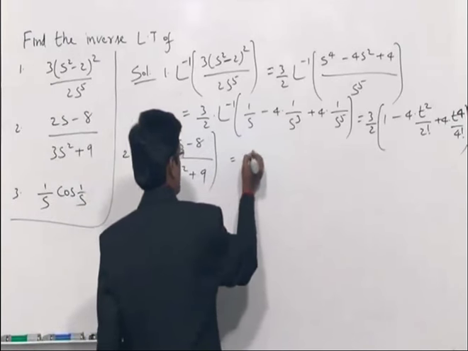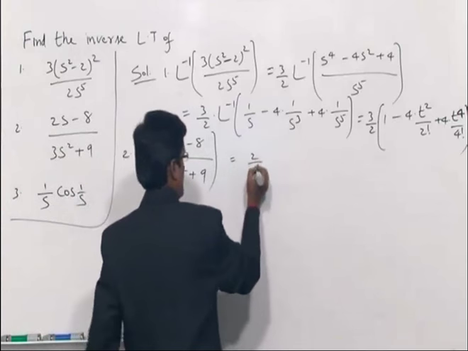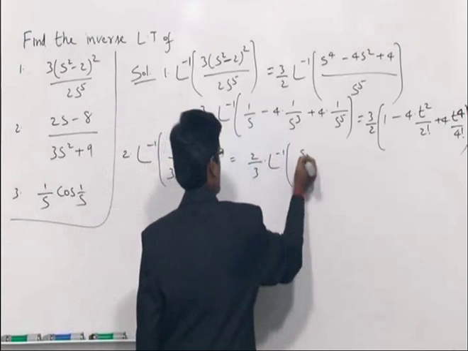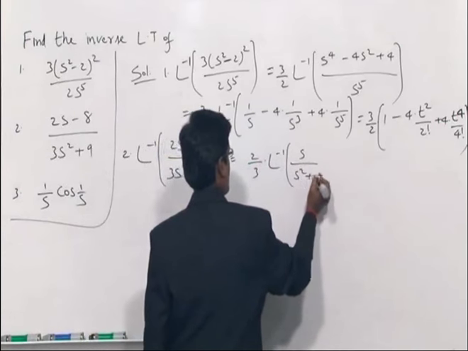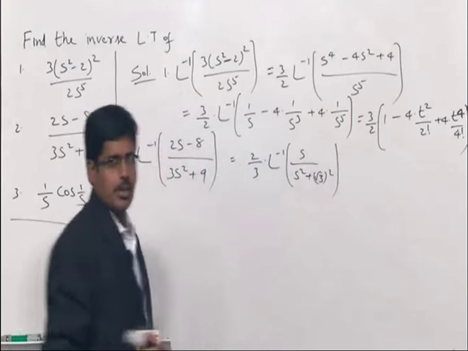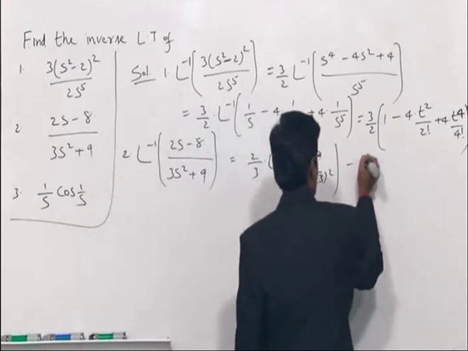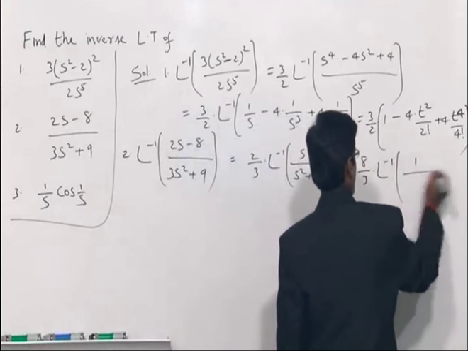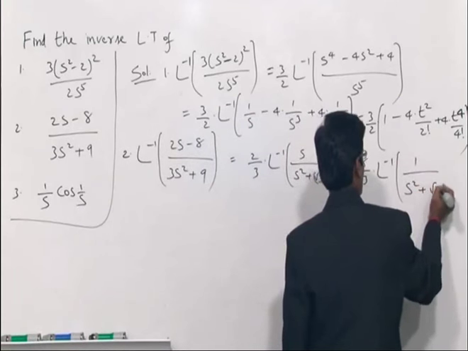So here first term 2 divided by 3. 2 is common, 3 is also common, and then L inverse of s over s square plus 3, which can be written as root 3 whole square, because I want to compare with the standard formulas. And minus 8 by 3 into L inverse of 1 over s square plus root 3 whole square.